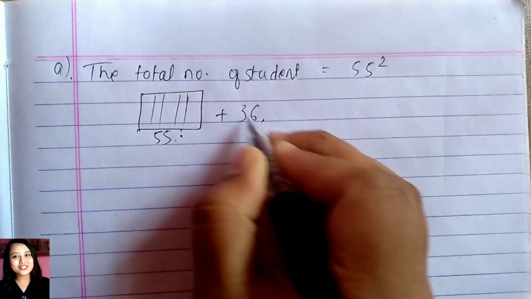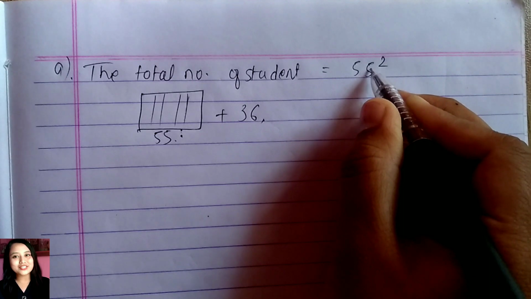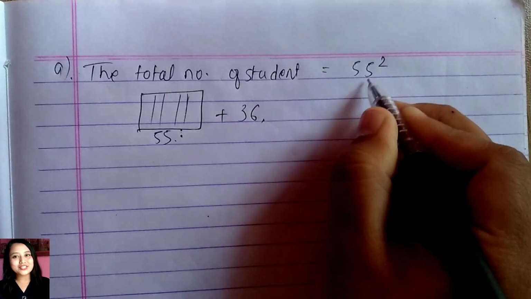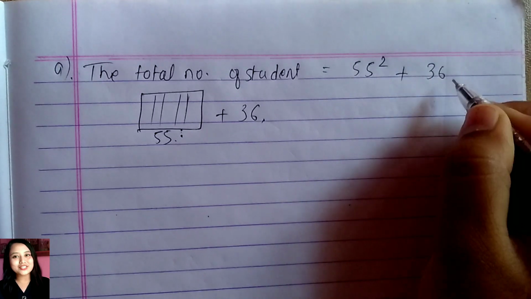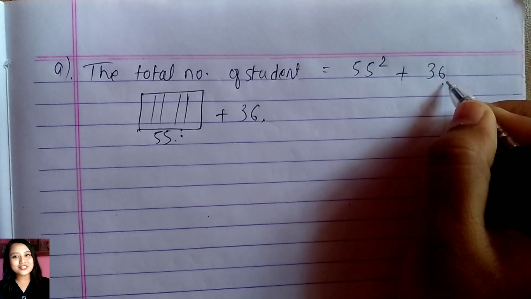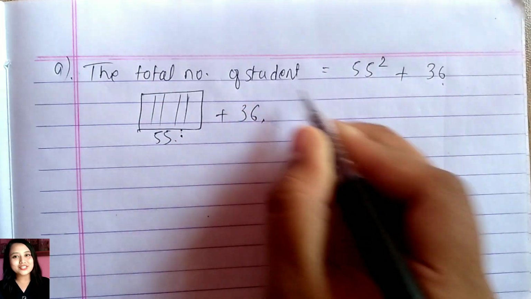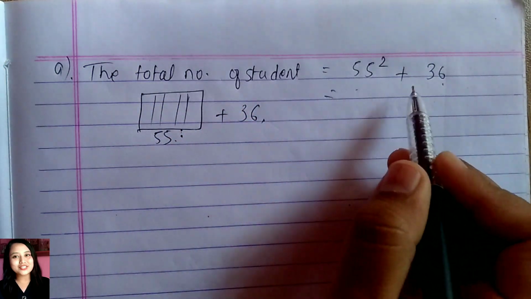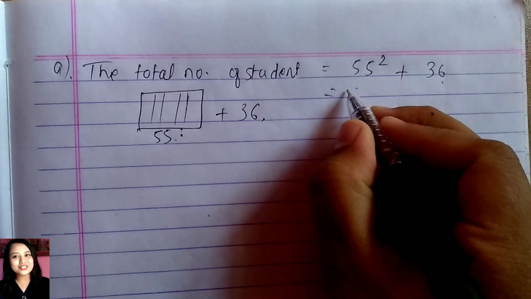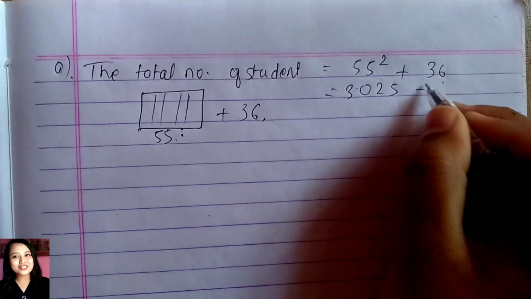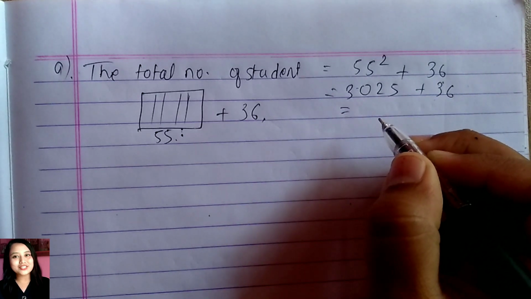So 55 square, they made the perfect square, so that's why I'm writing square here. Then 36 students were also there, but they were left, but we have to consider them in the total number of students. So 55 into 55 becomes 3025 plus 36.